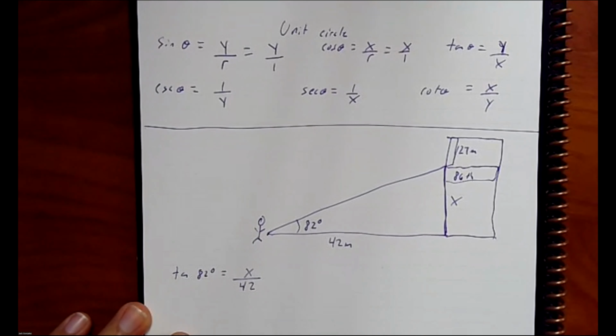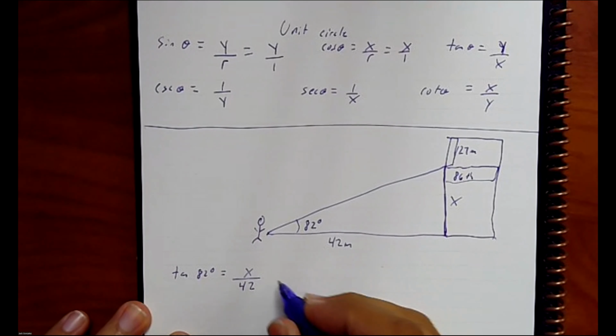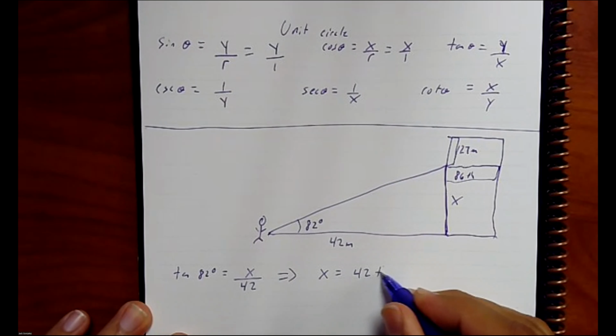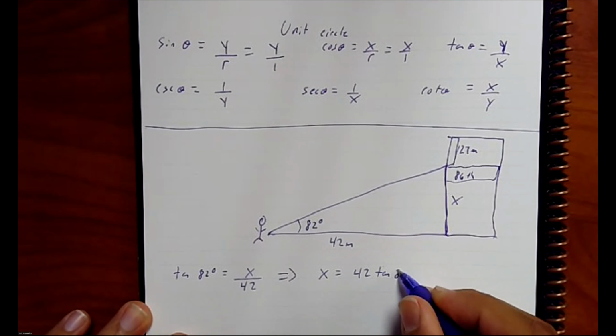Solve for x. Multiply both sides by 42. That would imply that x is equal to 42 tangent of 82 degrees.